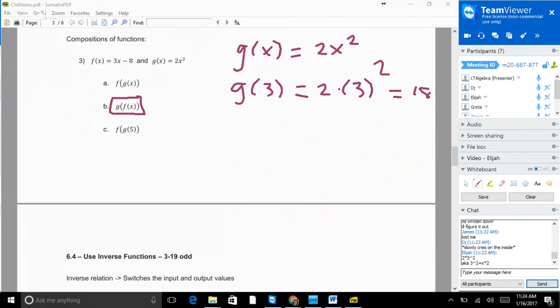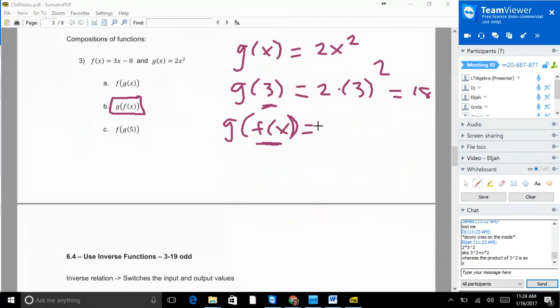But what they're telling you to do is, instead of a value for that x, they're telling you to plug in f of x. So before we plugged in 3, but now for our value of x, we're going to plug in f of x.